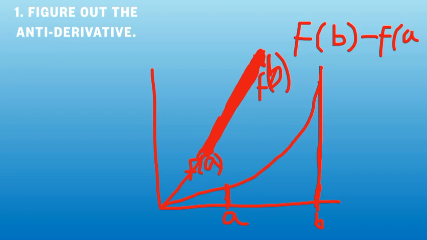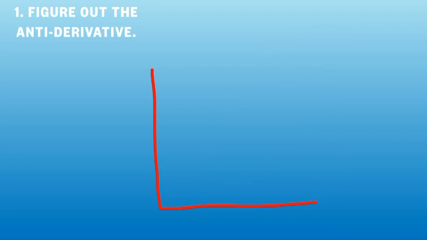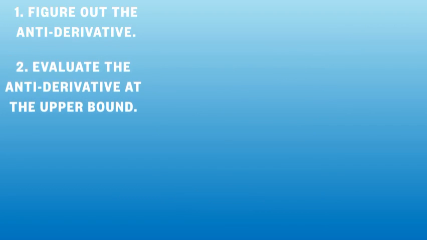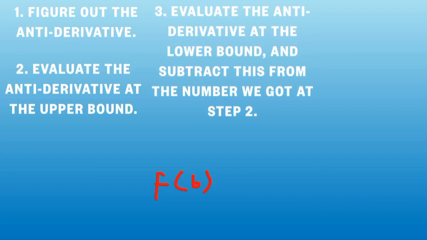Right? So that leads us to our next steps. Evaluate the antiderivative at the upper bound, which is F of b, and then evaluate the antiderivative at the lower bound and subtract this from the number we got at step 2.